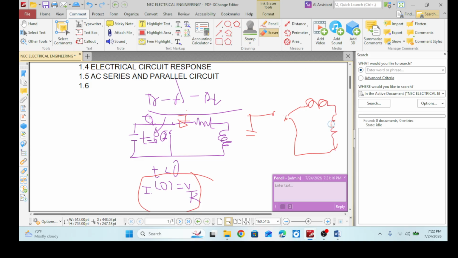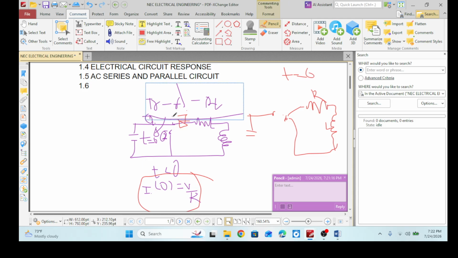This is resistance, this is inductance, and at t equals to 0 this key will move from point 1 to point 2, and the circuit would be this.